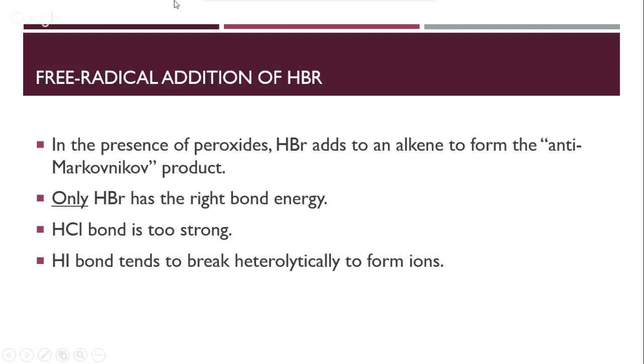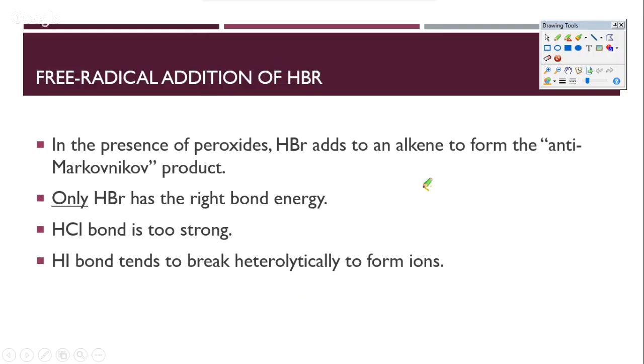In anti-Markovnikov addition, just to give you an example, let's say there is a carbon-carbon double bond. In this carbon-carbon double bond, the HBr addition is in presence of H2O2. Let me put some here. There is a hydrogen here, hydrogen here. Let's say there are CH3 and CH3 groups here. So in this addition, the carbon with the least number of hydrogens is going to take hydrogen, so it's opposite to Markovnikov.